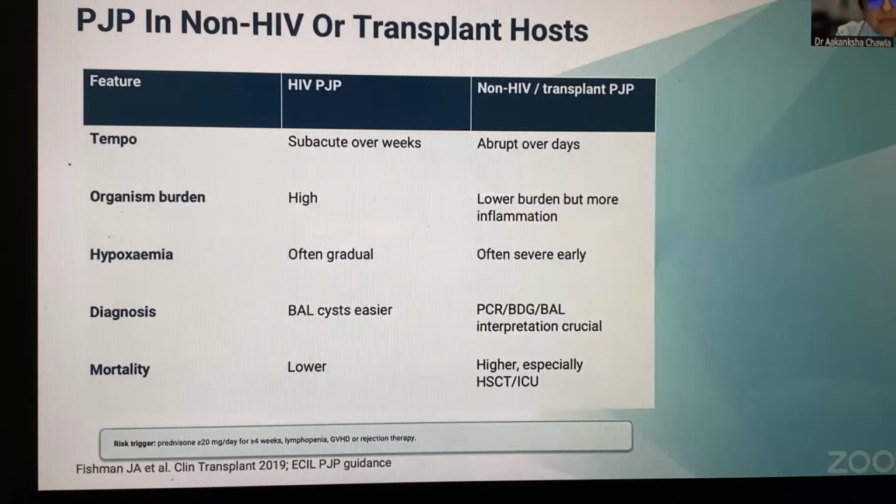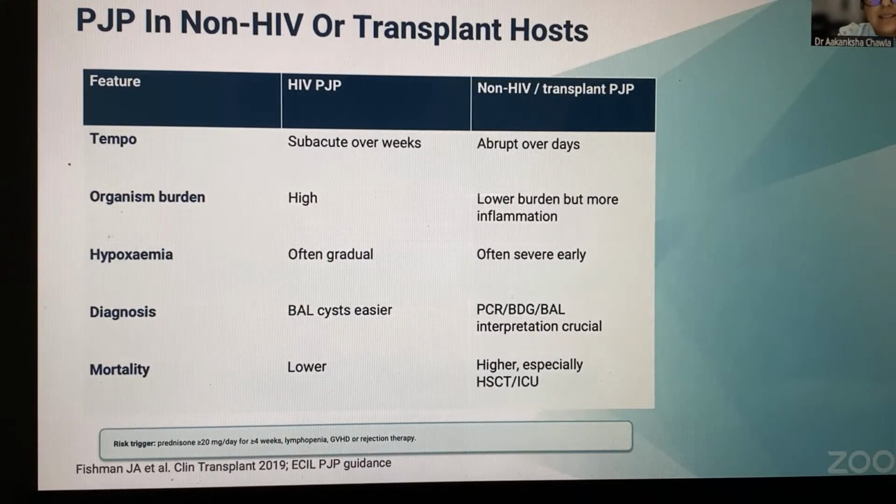Now, what is the difference in the presentation of a patient with pneumocystis in HIV as well as a non-HIV or a transplant patient? A retroviral positive patient would have a subacute presentation over weeks, whereas a non-HIV patient would have an abrupt presentation over days. The organism burden would be higher in a retroviral patient but lower in a transplant or non-retroviral patient.